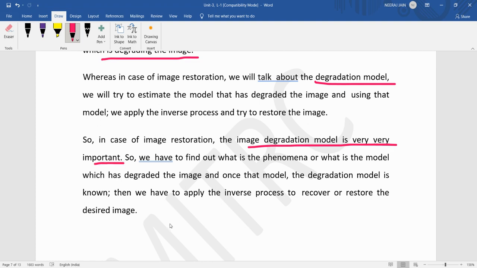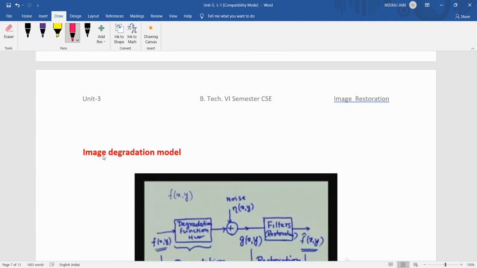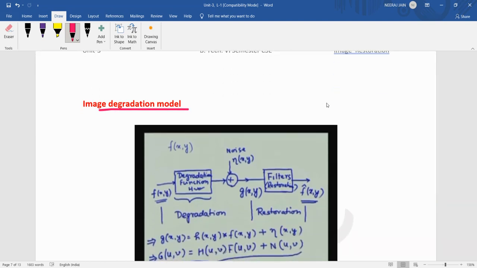So we have to find out what is the phenomenon or what is the model which has degraded the image, and once the degradation model is known, we have to apply the inverse process to recover or restore the desired image. Here we can observe the image degradation model.